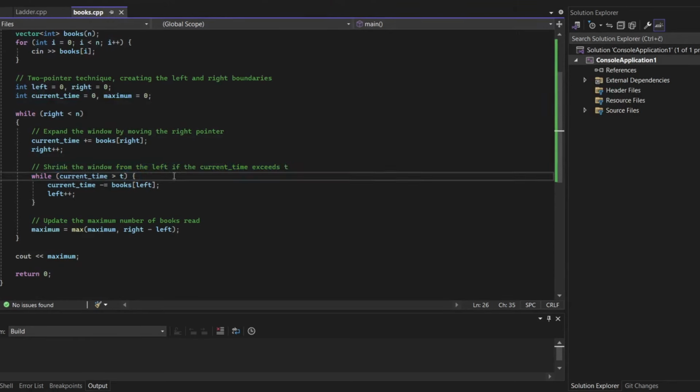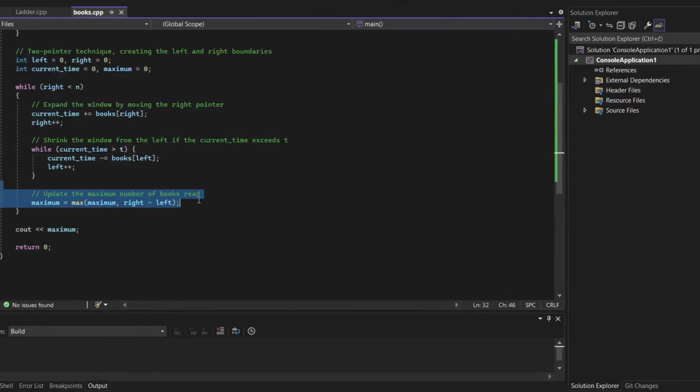And the last thing is we are checking if our current right minus left, so the size of our current array, is actually the maximum. So what we're doing is we are changing the maximum according to the bounds that we have previously set.